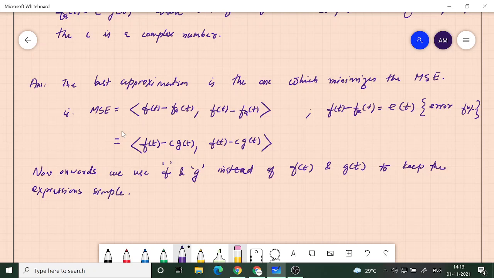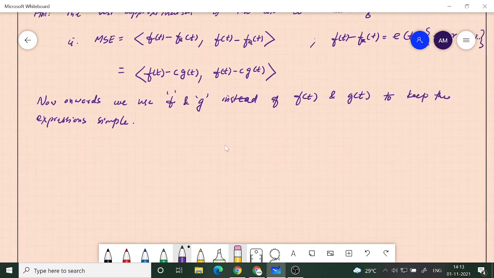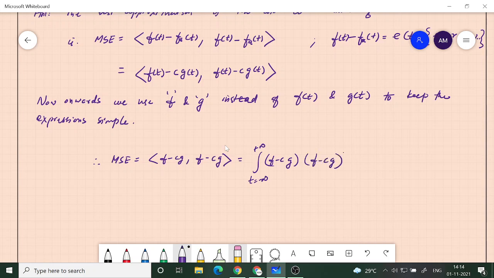Otherwise we have to carry the t around all the time, which is not really necessary. Later, once you derive it, you can put it back. So your MSE is basically f minus cg, inner product with f minus cg. Now if you want, I can expand this as the integral from minus infinity to plus infinity of f minus cg times the conjugate of f minus cg, dt, where f and g are functions of time.